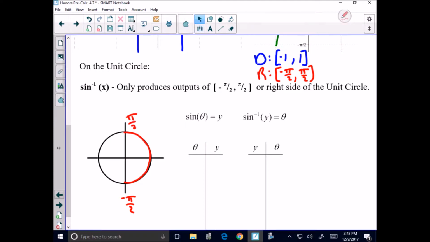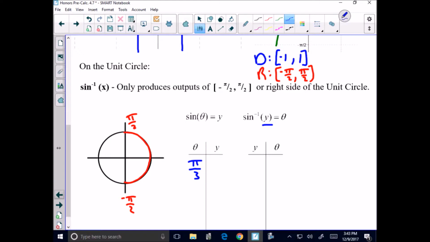Now, one way we can think about this is really what we're looking at is the least amount of rotation that will generate the vertical change or the y value, right? So let's think about the relationship between sine of theta equals y and the inverse of sine, which is going to take a y value and give us a theta between -pi/2 and pi/2. So right here, if we take, for example, the rotation pi/3, right?